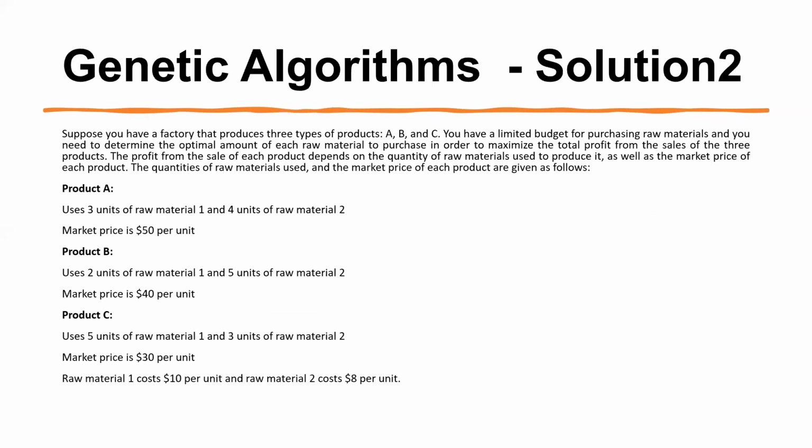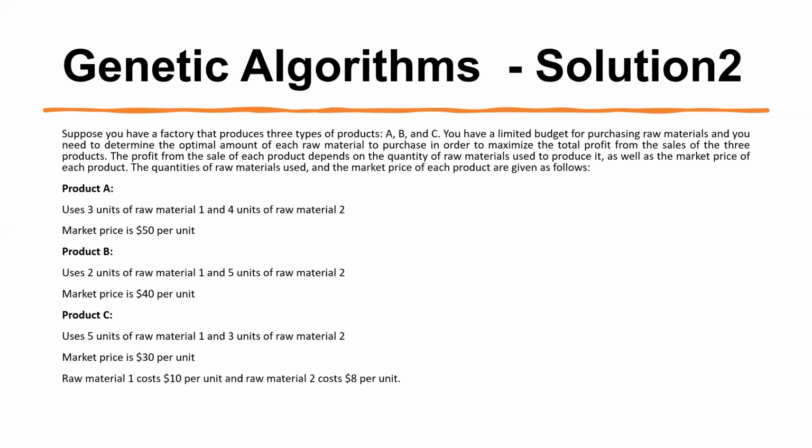The profit from the sale of each product depends on the quantity of raw materials used to produce it, as well as the market price of each product. The quantities of raw materials used and the market price of each product are given as follows. So these are the information about the raw materials and the market price and so on.